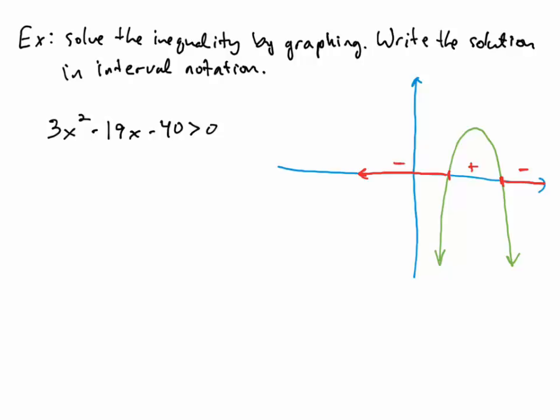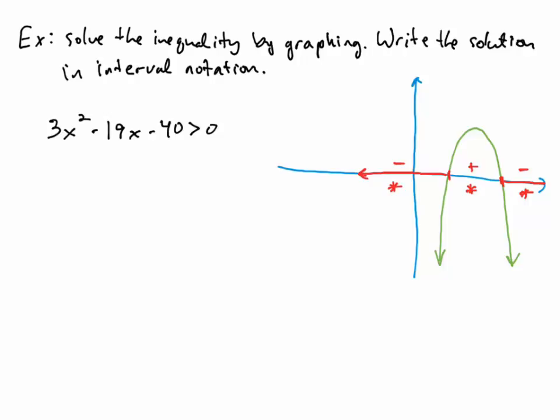So if we had a quadratic inequality asking us where this function is negative, we would give this interval and this interval. If it asked us where the quadratic was positive, we would give this interval in here.